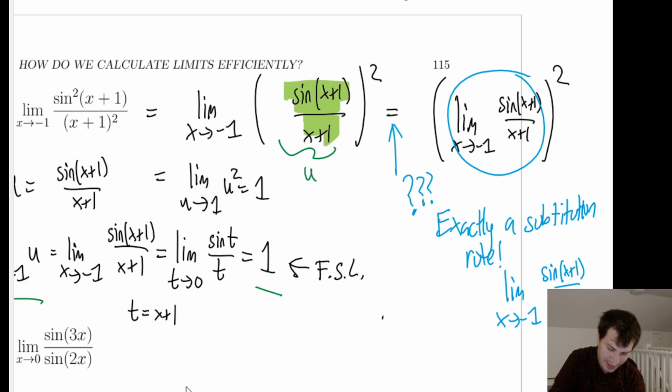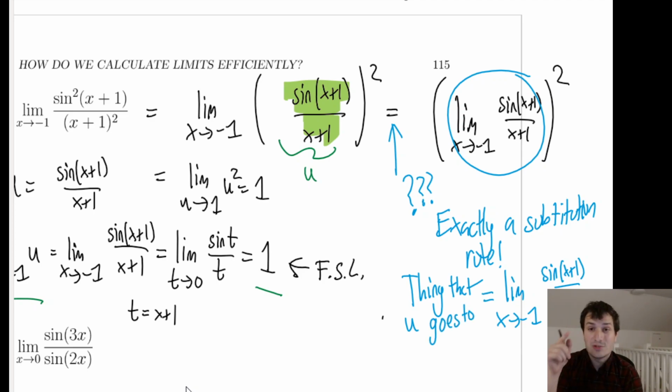Let's write the thing that u converges to, u goes to, is equal to this. So it's okay to move limits in and out as long as the function is continuous. And really what we're doing is exactly a substitution rule with this limit. That is exactly what we did over here.